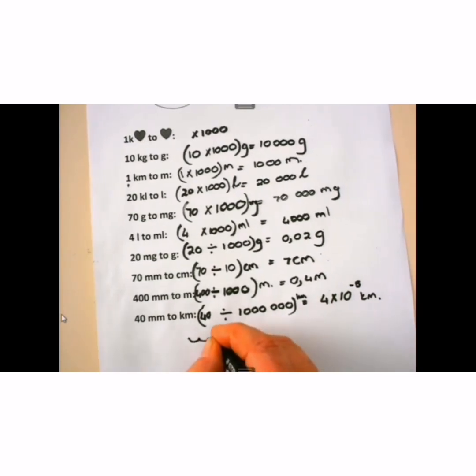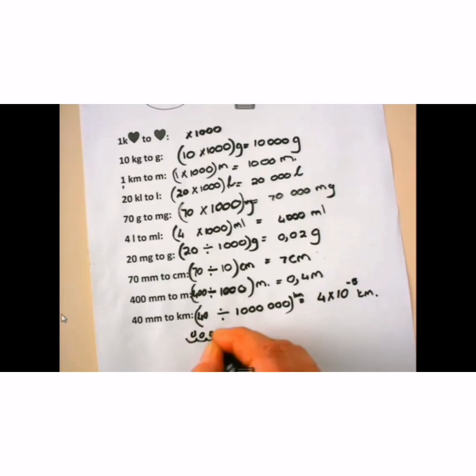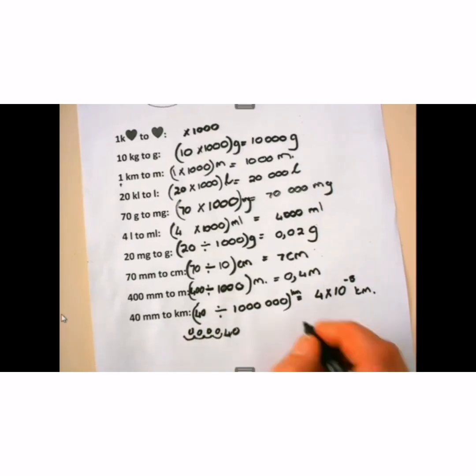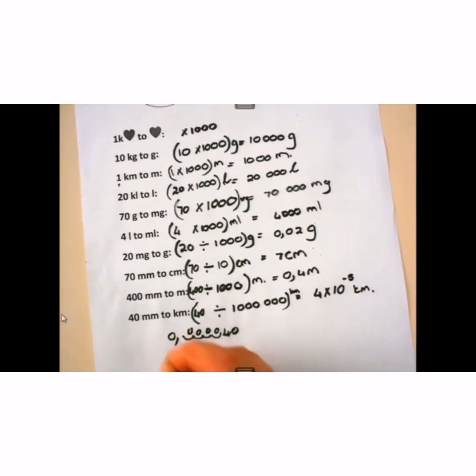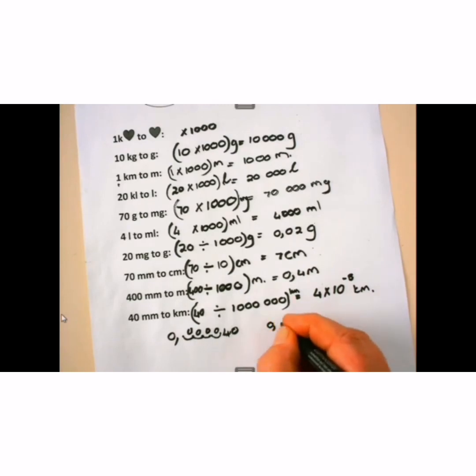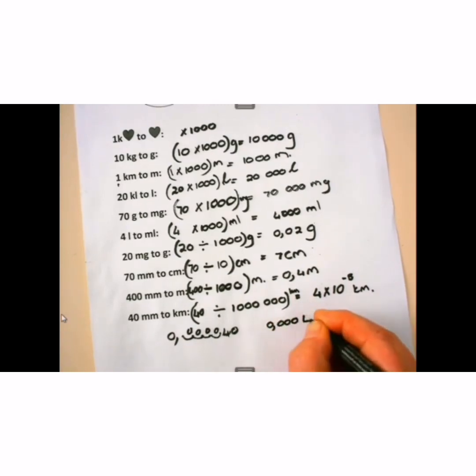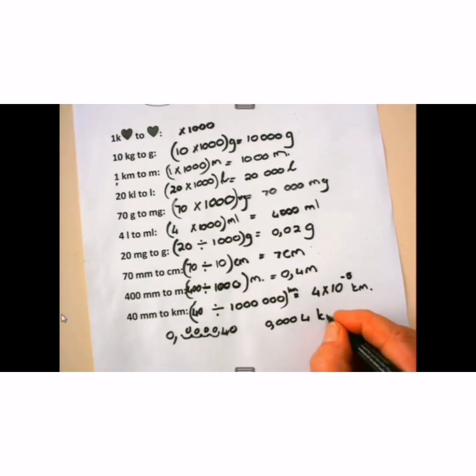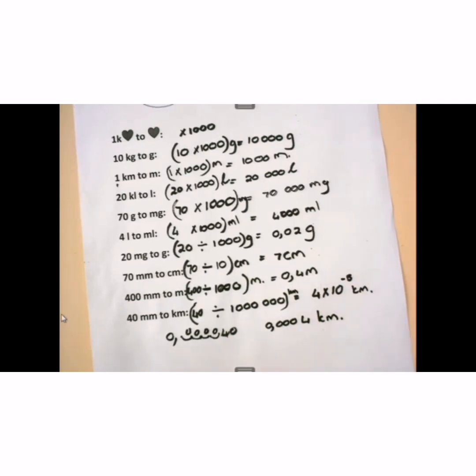So I need to put 4 zeros, and it will become 0.00004 kilometer. Thank you.